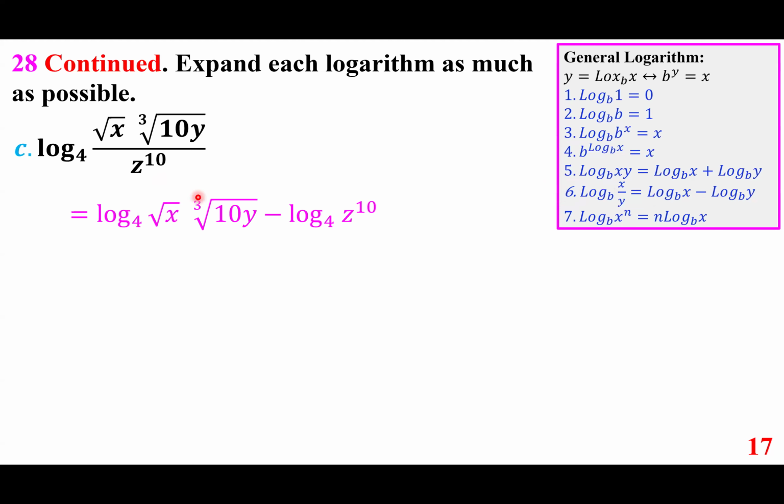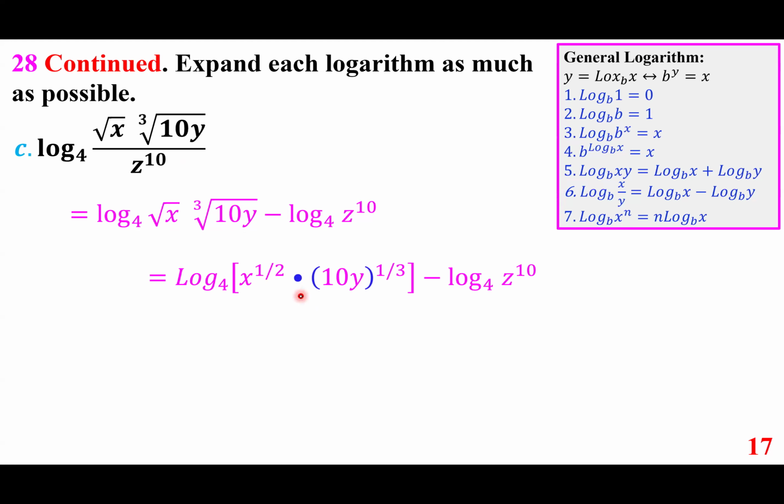which means log base 4 of square root of x cube root of 10y minus log base 4 of z to the power of 10. This is practically done. Let's work on this by writing this as x to the power of 1/2, 10y to the power of 1/3. So we are changing this to this format, changing this to this format.